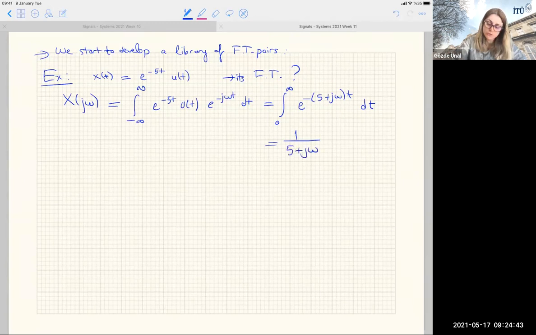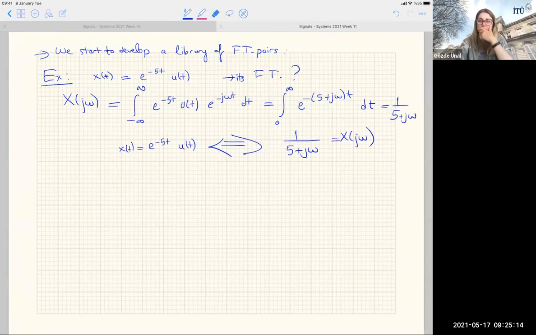So you see e to the minus 5t u of t, this was x of t, and this is its Fourier transform, right? And it's going to be a one-to-one relation. Let's write the integral result here, so you can do the math if you want, okay?